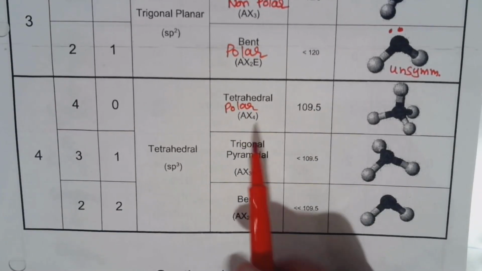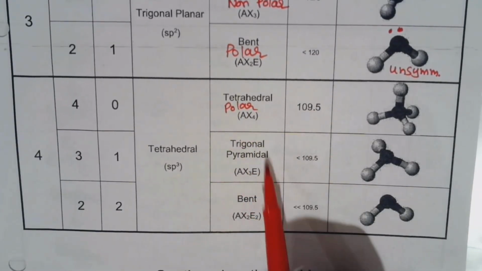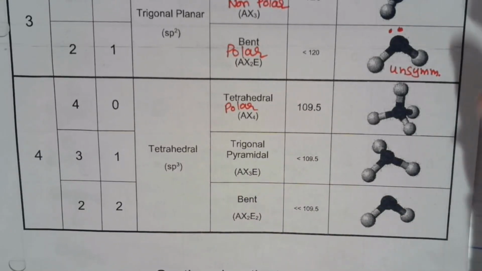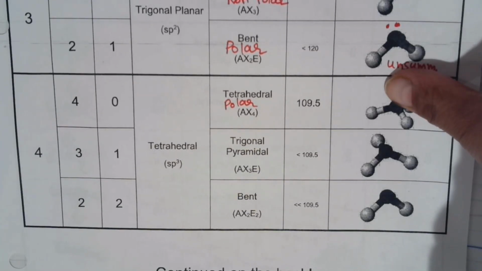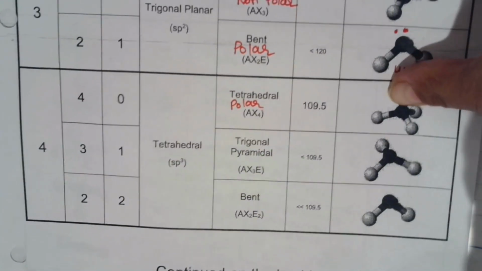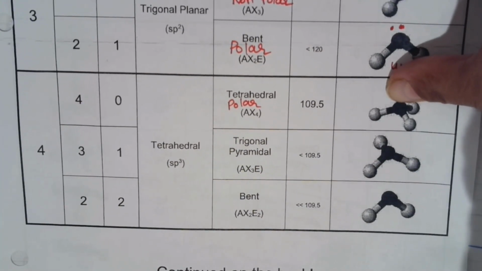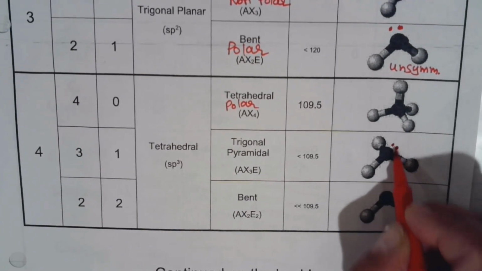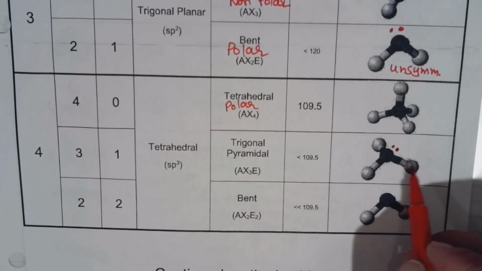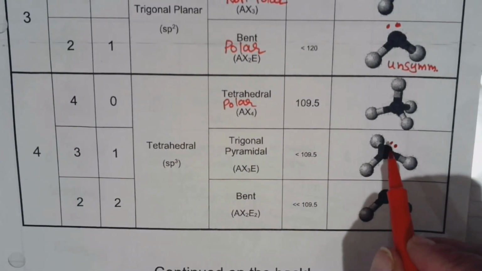But when we replace one bond pair with a lone pair, we can take this part out and it looks like a pyramidal shape, right? So one bond pair is replaced by a lone pair on the central atom.